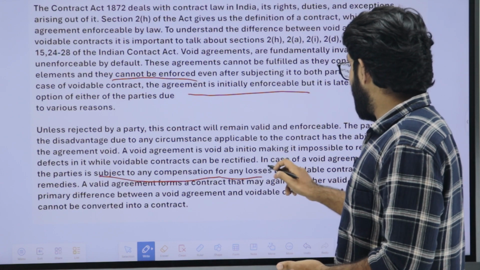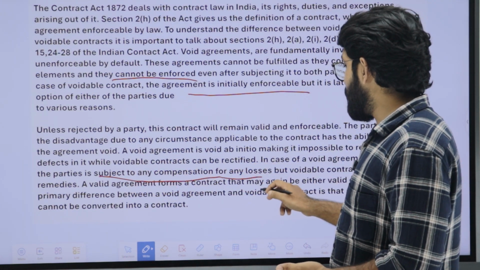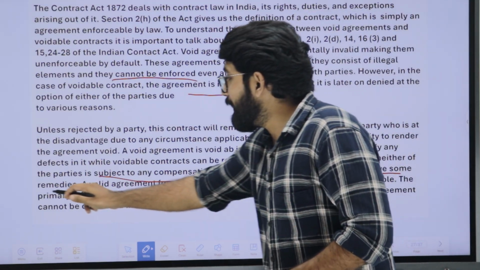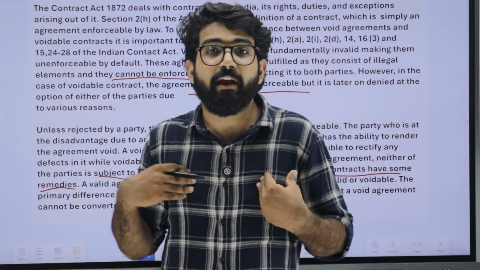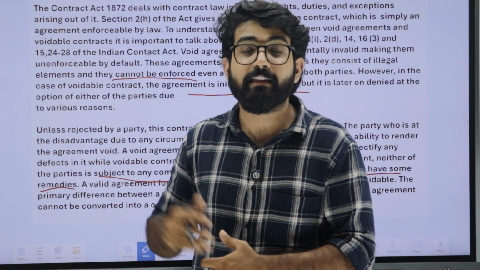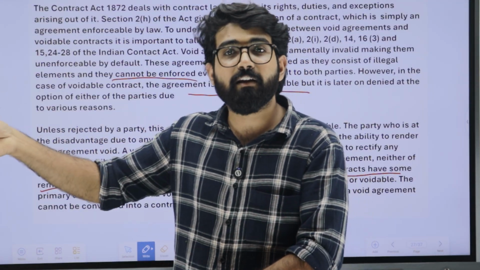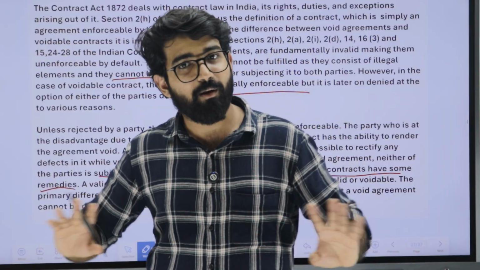In cases of void agreements, neither party is entitled to compensation for any losses, but in voidable contracts they have some remedies. In a voidable contract, I may have been coerced into entering the contract, or they committed fraud against me, which is why I entered into it. Now I will get a remedy. But in void contracts, there is no remedy.